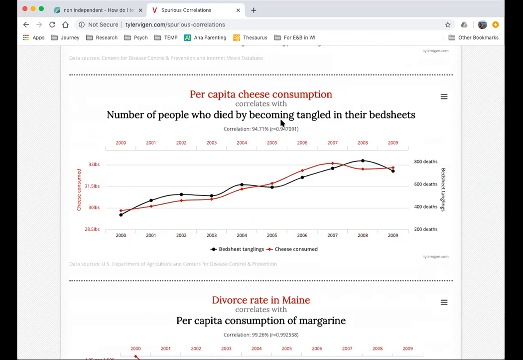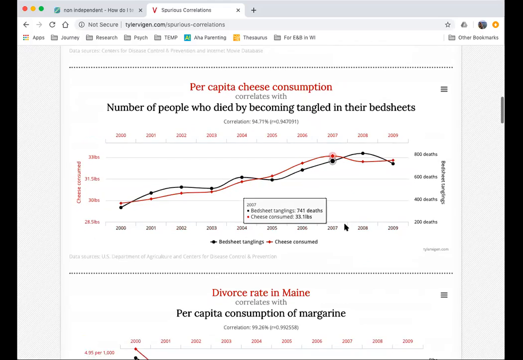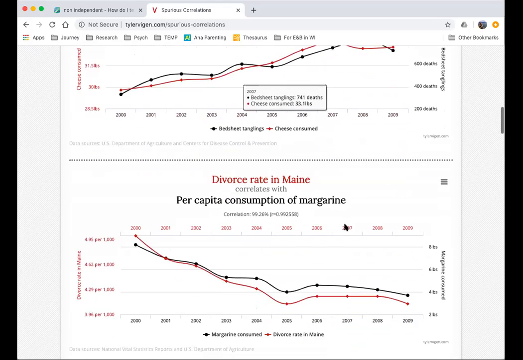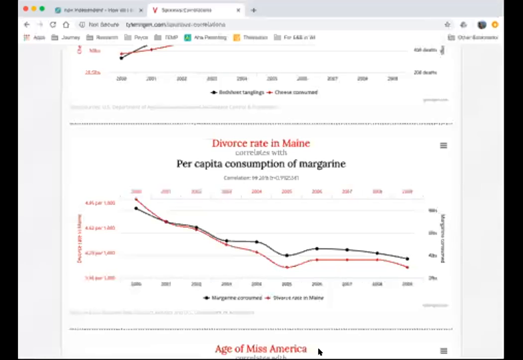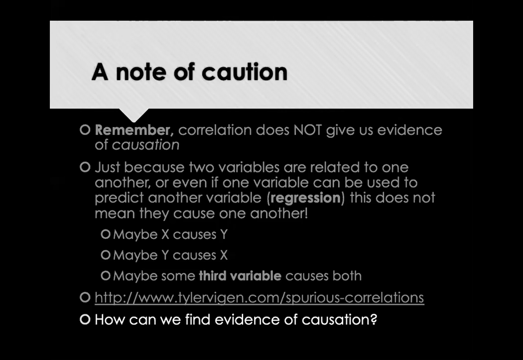Or cheese consumption and death by becoming tangled in your bed sheets. Divorce rate and consumption of margarine. So these are really outlandish examples, all to demonstrate, let's go back to our slides, all to demonstrate that correlation does not in any way give evidence of causation, right?